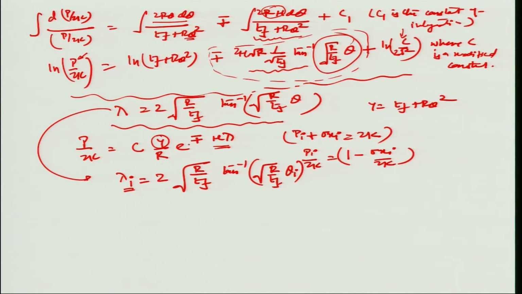So having said that, now if we assume the initial roll pressure to be Pi, and the initial principal stress to be sigma xi, K of course is a material property which is not getting changed much in this particular case. So we are left with P by 2k equal to C times of, so let's just substitute this corresponding to the initial condition. We have Pi by 2k. Let's assume the constant's value C to be C minus.